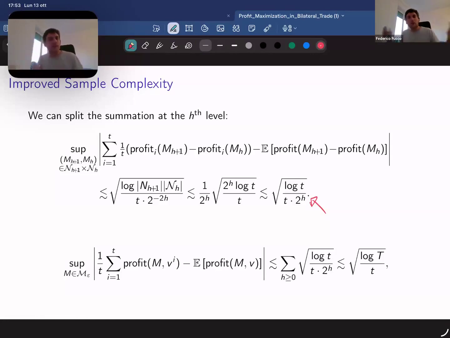So I have this telescopic summation that instead of hurting me because I'm adding terms, is good for me because I can bound each one of these terms separately. At the end of the day, I sum up all these error terms, but this is a geometric summation, so I get exactly what I need. Okay. So in particular, if you remember the calculations we did with the suboptimal algorithm, now we no longer have the epsilon, so we're happy.